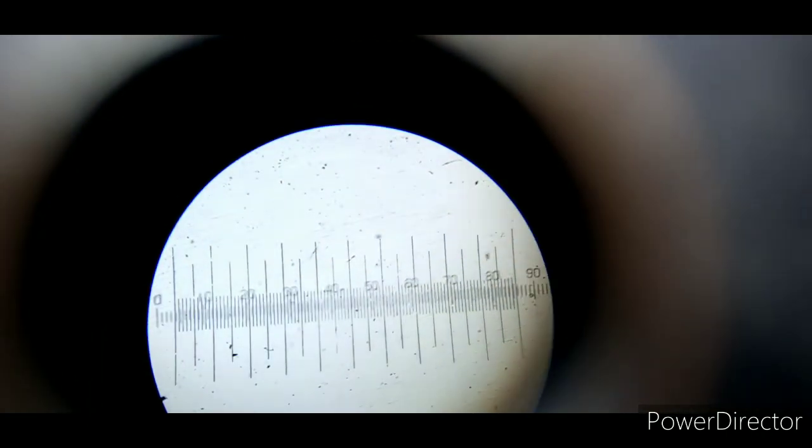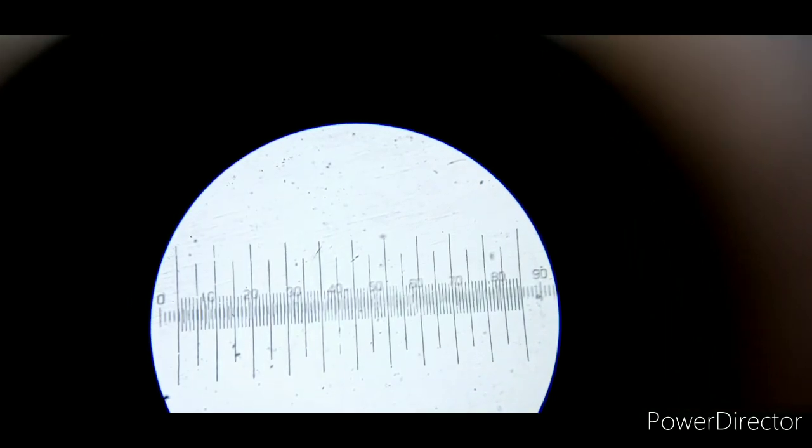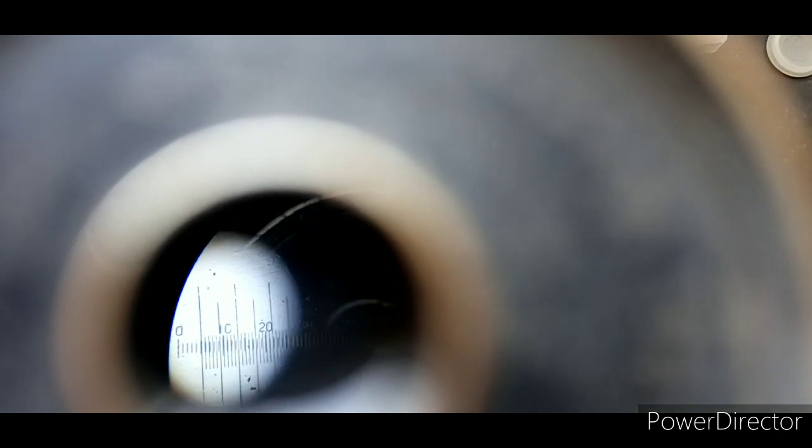We should count the lines of the oculometer between these two lines, from the first line to the 10th line that is coinciding, that is the 10th line of the stage micrometer. So the lines on the oculometer are about 9.